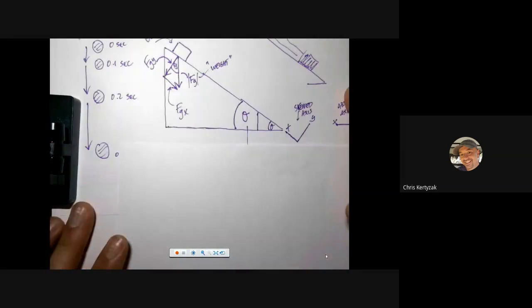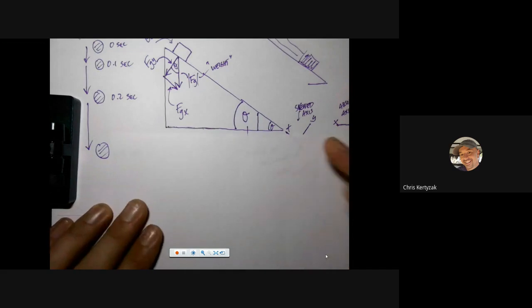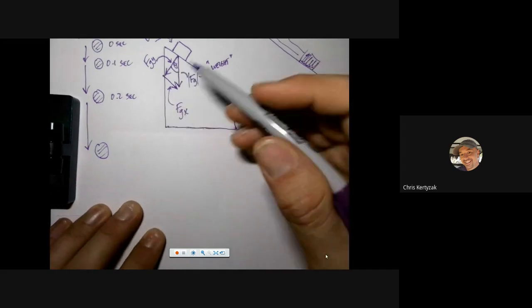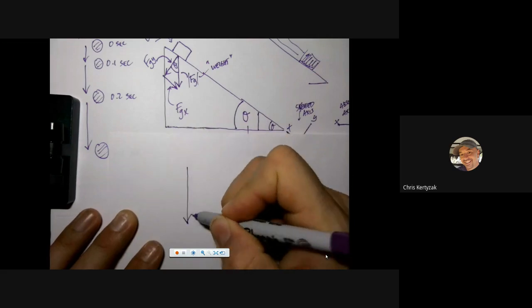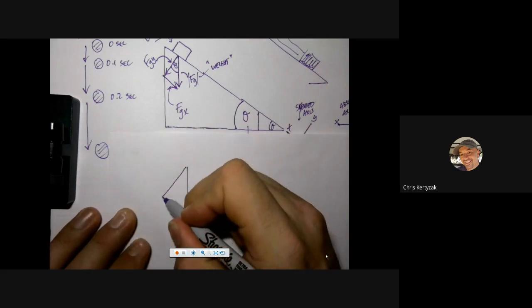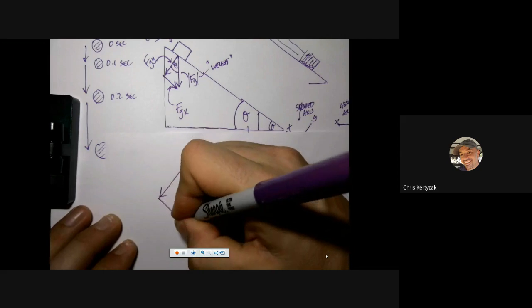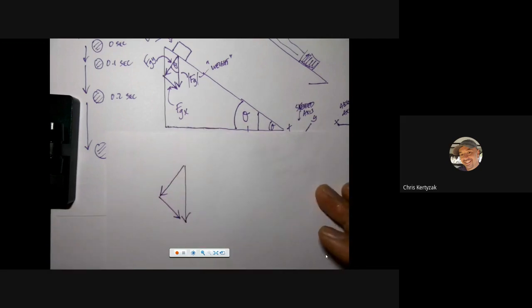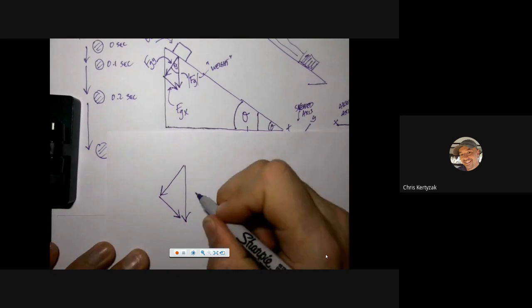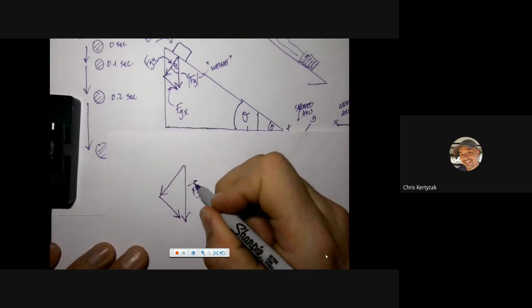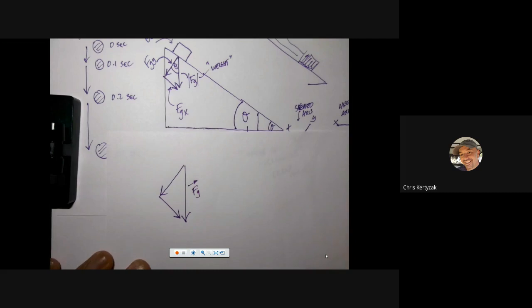There you go. So what I'm going to do is draw this vector triangle a little larger so we can look at it more closely. What we know is that this vector right here is the gravitational force vector, known as the weight, right?